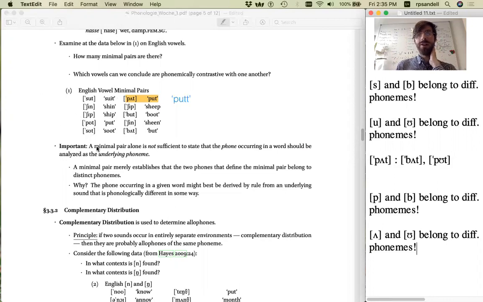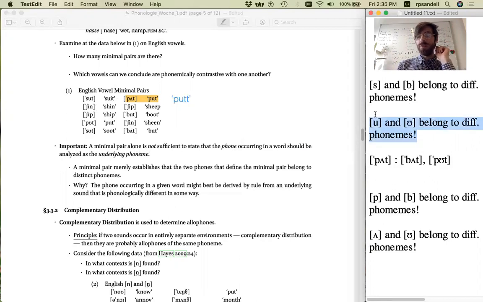Okay, so now that we've discovered some minimal pairs, you might take the time at home to try to look for a few other minimal pairs. What's important to note here now is that a minimal pair alone is not sufficient to draw the conclusion that the phone which occurs in that word should be analyzed as the underlying phoneme.